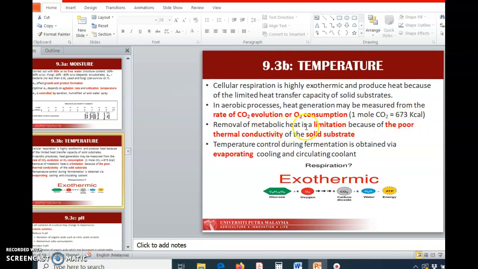Removal of metabolic heat is a limitation because of the poor thermal conductivity of the solid substrate, as I mentioned earlier. Temperature control during fermentation is obtained by evaporative cooling and circulating coolant. So we need to use a certain type of coolant to cool down the fermentation to allow for optimal fermentation by the microorganism.